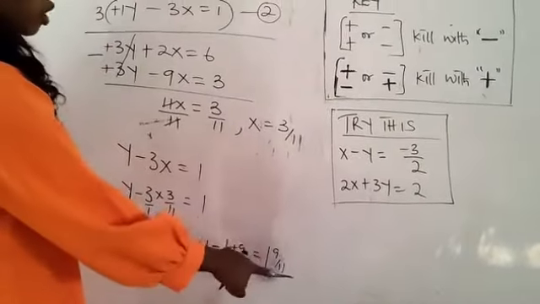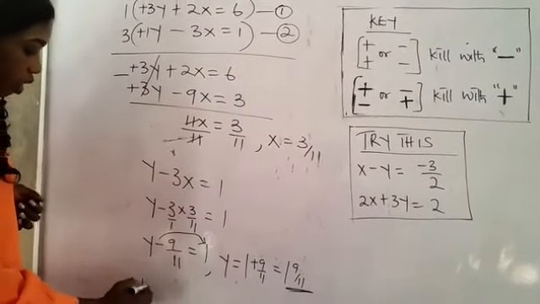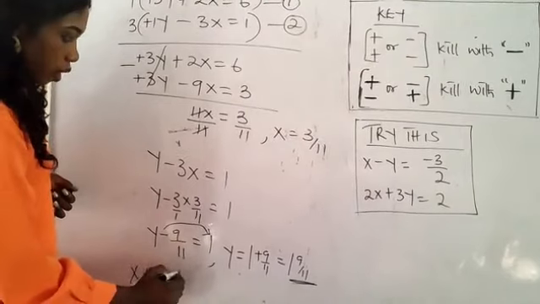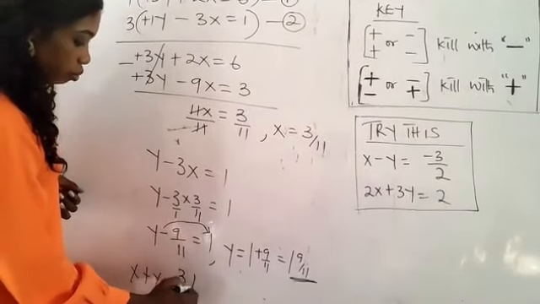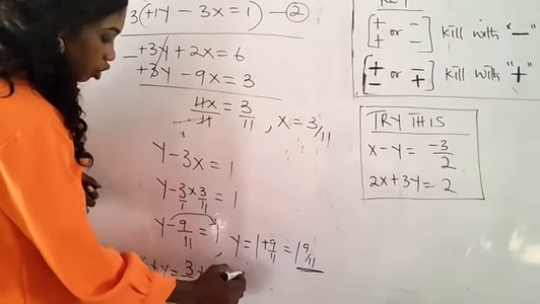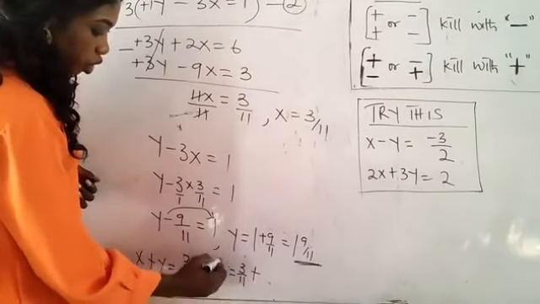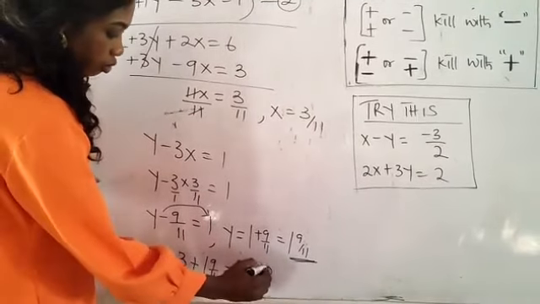But remember that the question says find x plus y. In that case, x plus y will give us 3 over 11 plus one whole number 9 over 11, which is equal to 3 over 11 plus, if you convert this, 20 over 11.